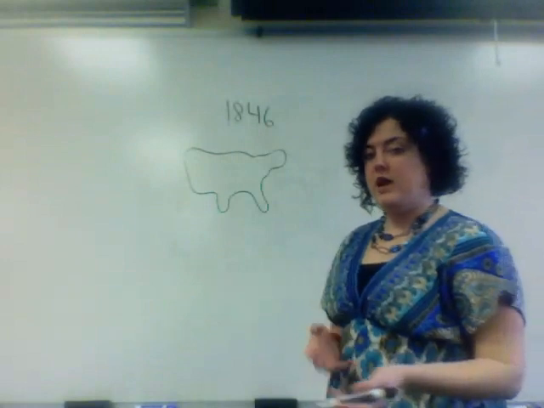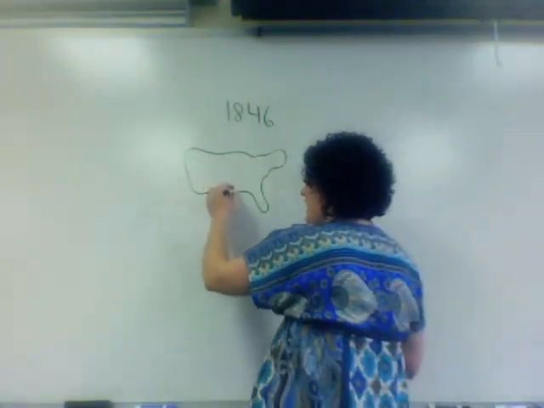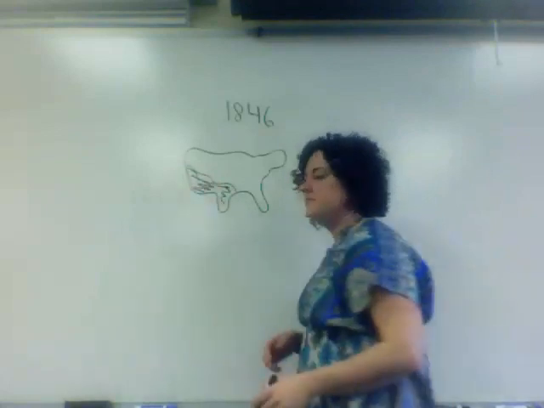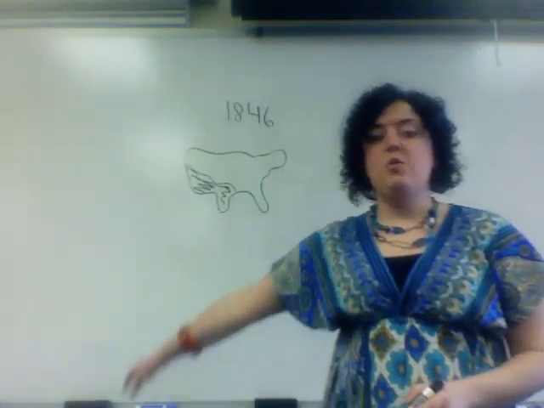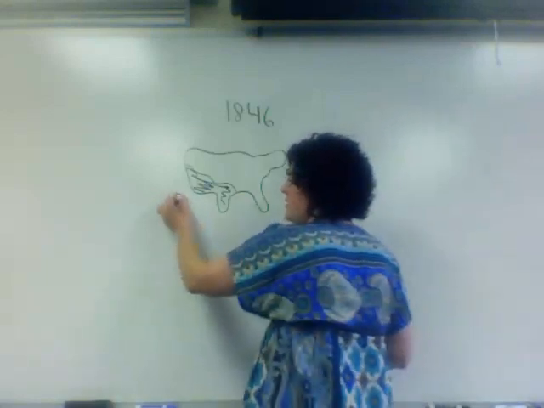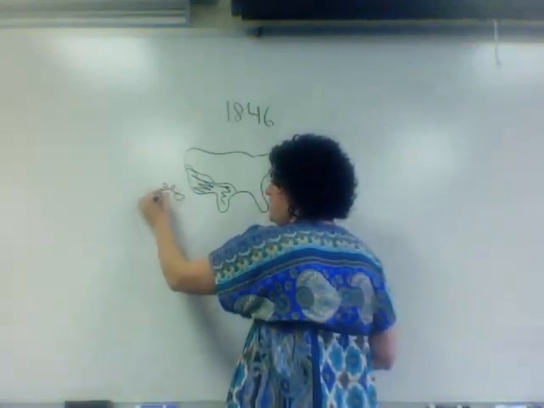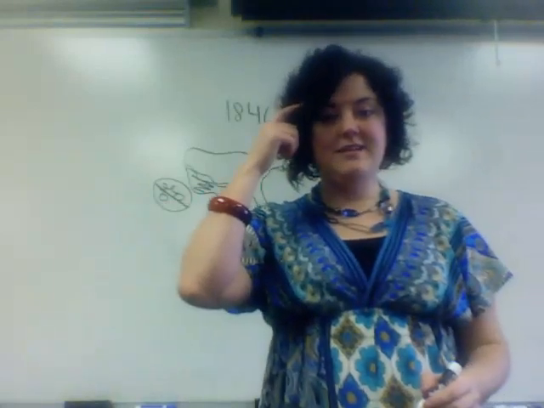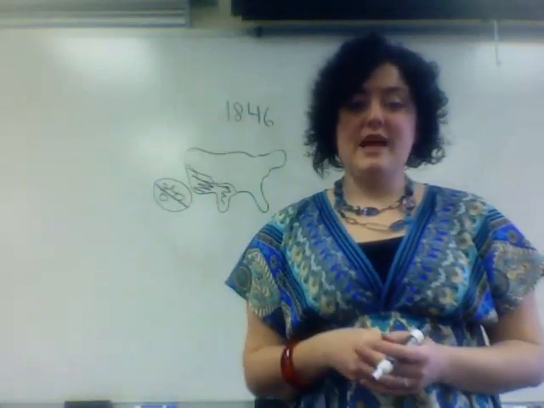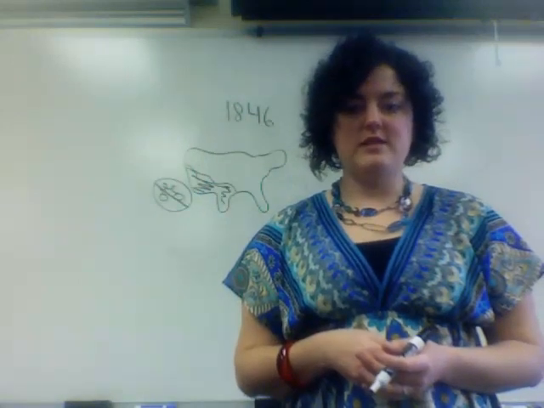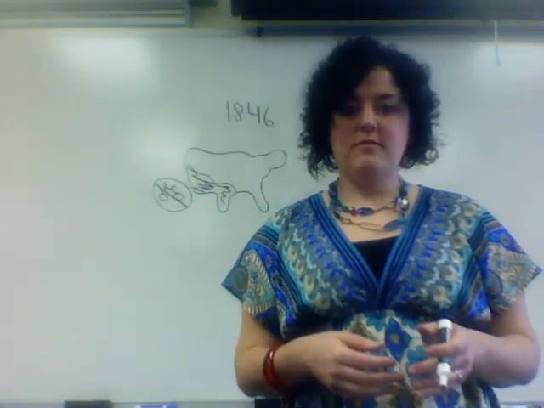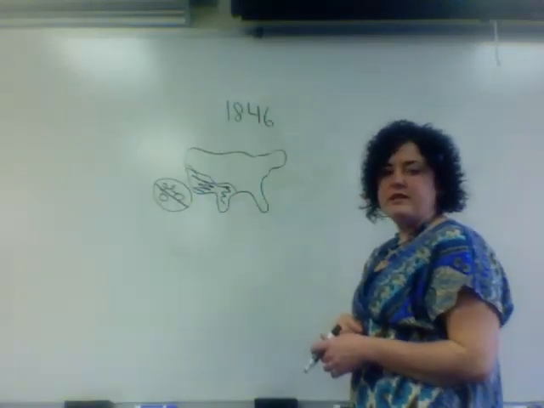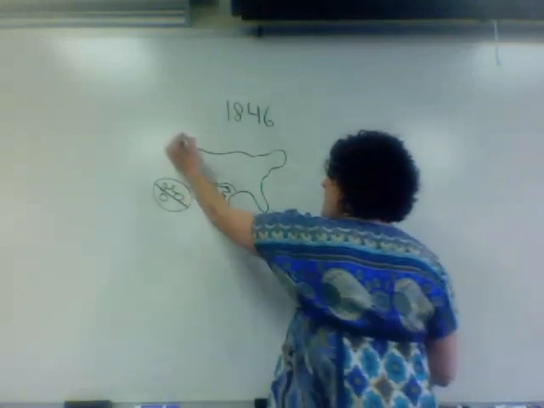That area is what we now know as New Mexico, Texas, California, Nevada, the Southwest in general. David Wilmot said we should outlaw slavery in the Western territories that we are going to be winning from Mexico. That was his idea. As you can imagine, it didn't actually pass because Southerners certainly did not support that law at all. So you've got the Wilmot Proviso in 1846, and the Missouri Compromise in 1819.